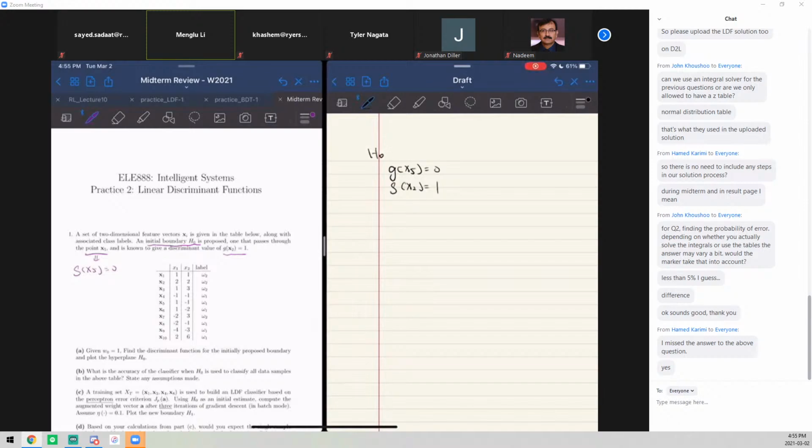So we know h0 satisfies these two equations. And the equation of h0 is w0 plus w1x1 plus w2x2. And they ask us to find the discriminant function. So they want us to find the values for w1, w2, w0, and they also give us the value for w1. So here it is 1.